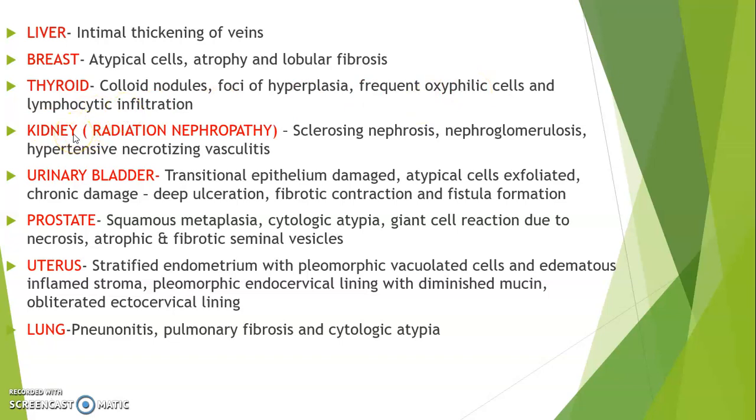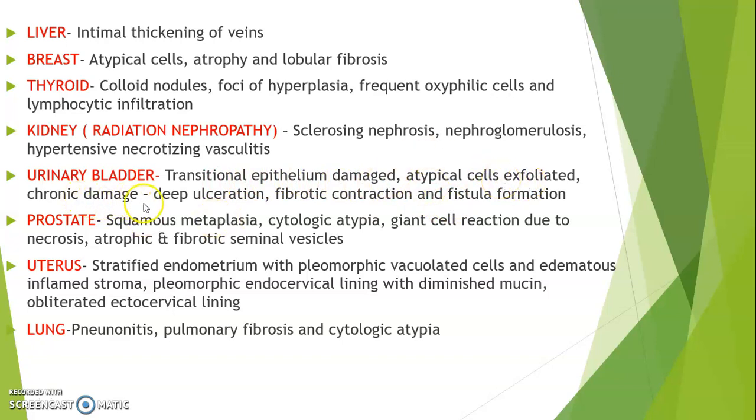In kidney, radiation will cause radiation nephropathy. In this, there is seen sclerosing nephrosis, nephroglomerulosis, and hypertensive necrotizing vasculitis. In urinary bladder, the radiation will induce transitional epithelium damage, exfoliation of atypical cells.